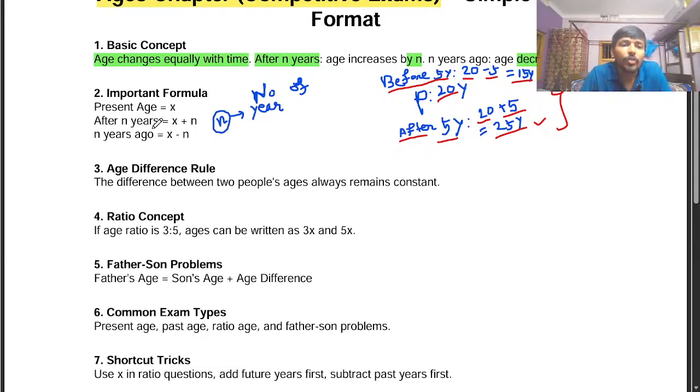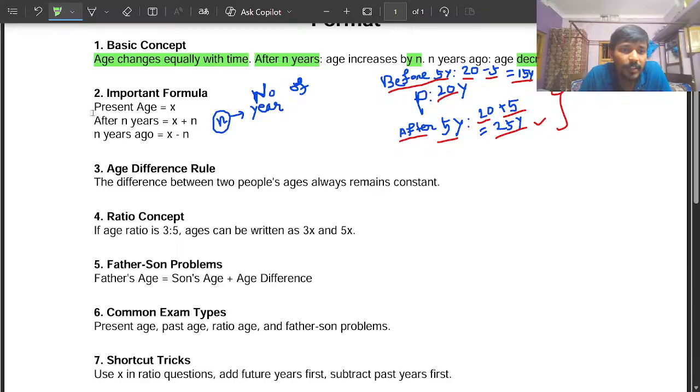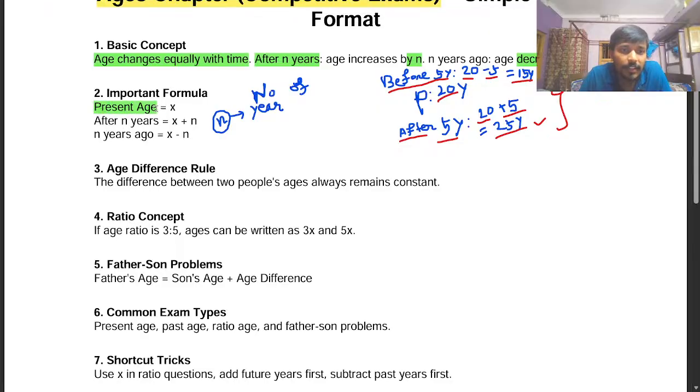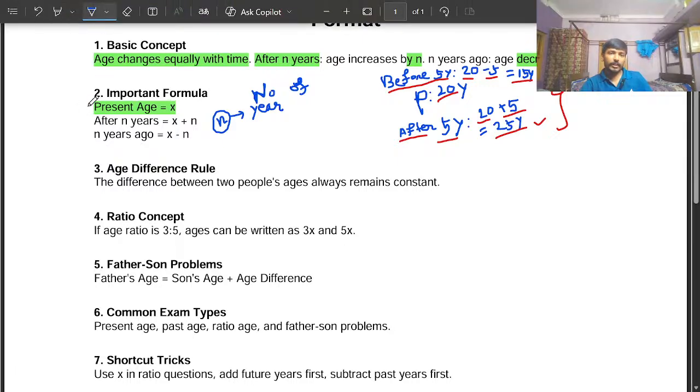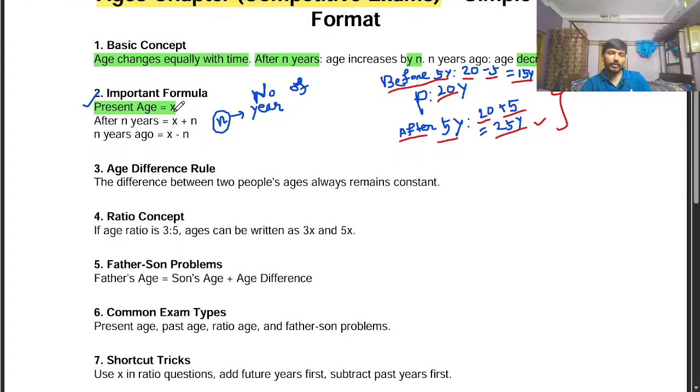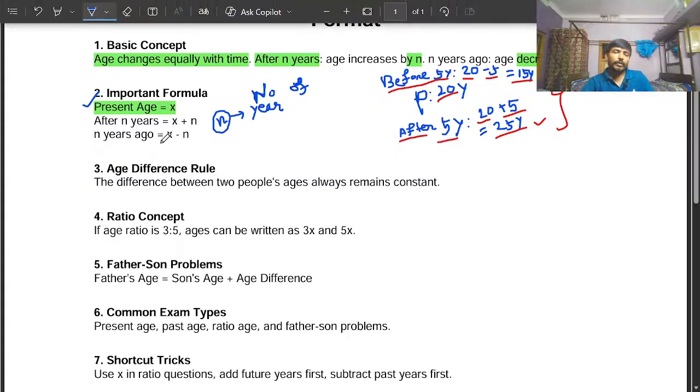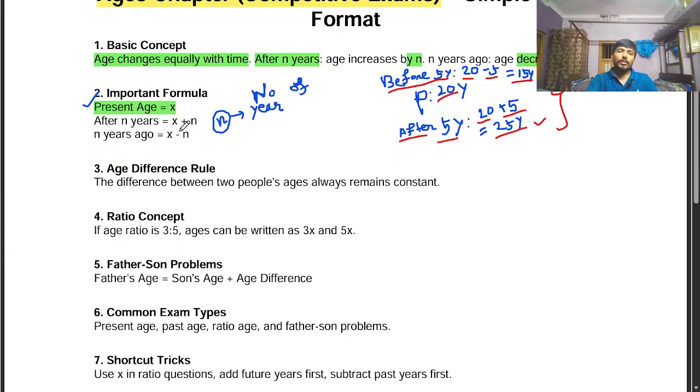So if present age is x, after n years, what will be my age? If my present age is x years, what will be my age after n years? Obviously, it will be x plus n.